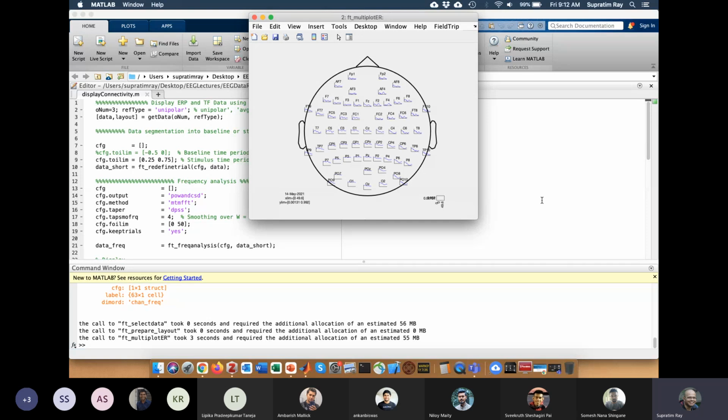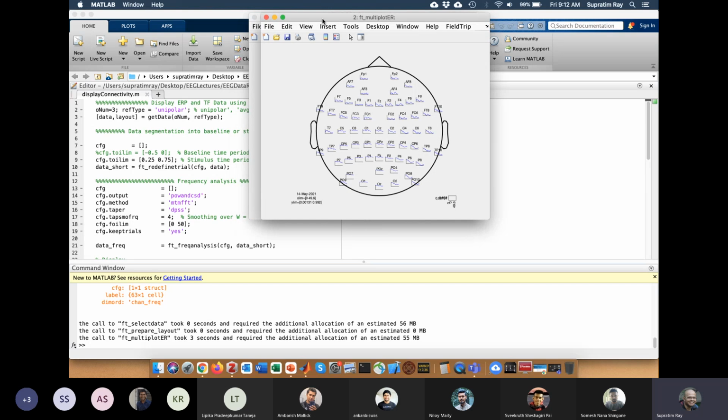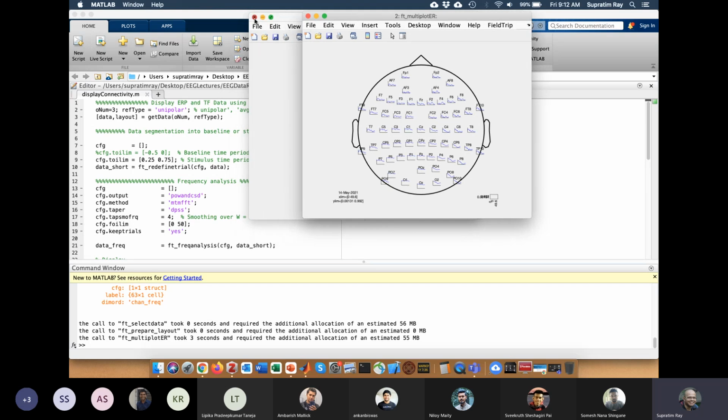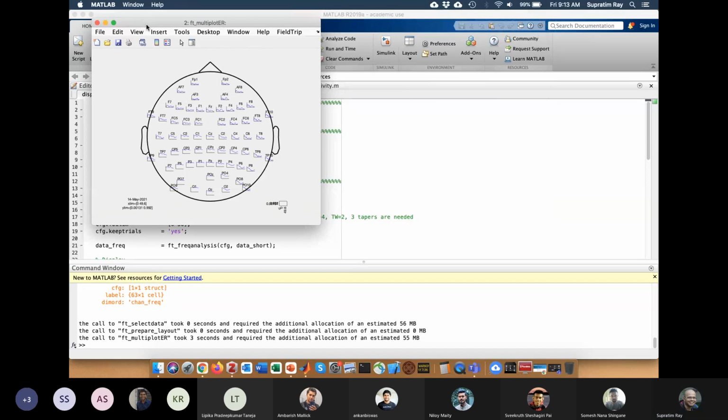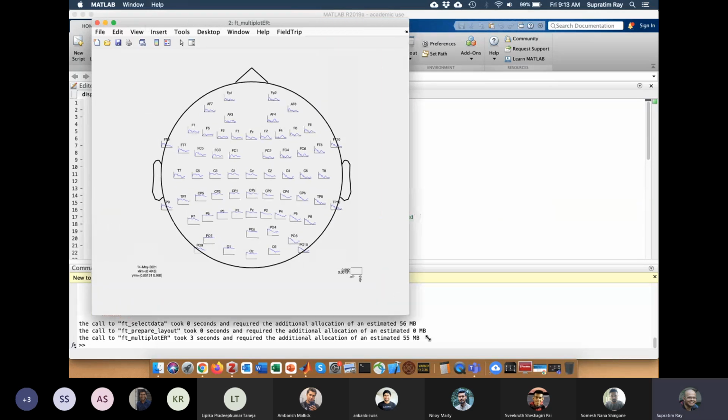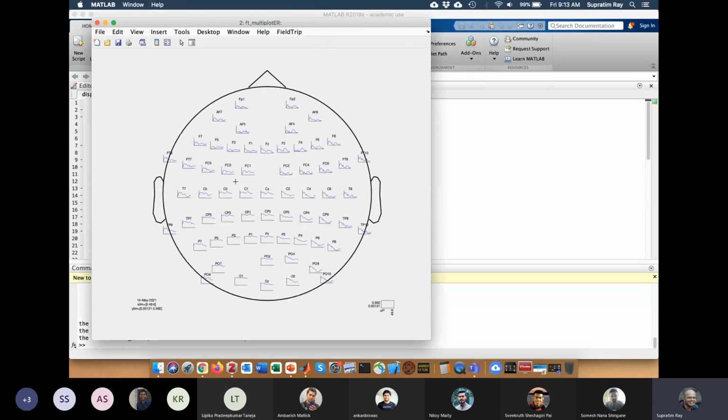Okay, so this is the same plot that you had seen. Here I have chosen the reference type to be unipolar. You could have done average here as well. And now if I, let's say, want to look at a particular electrode, I would just do this.